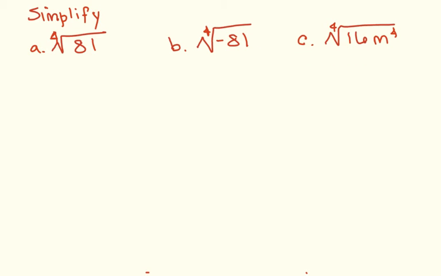And the last ones I want to look at are some fourth roots to just talk about a couple of complications. Okay? The fourth root of 81, we're looking for the principal, so that's going to be 3. The fourth root of negative 81 does not exist.